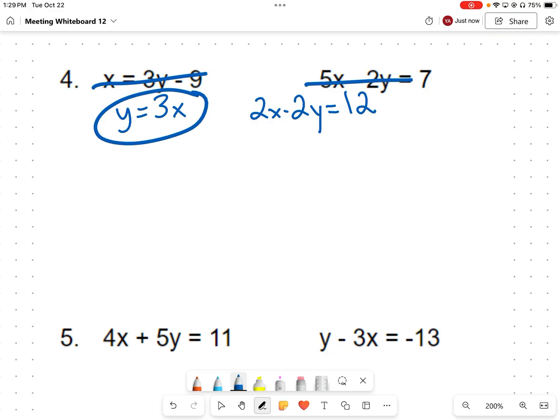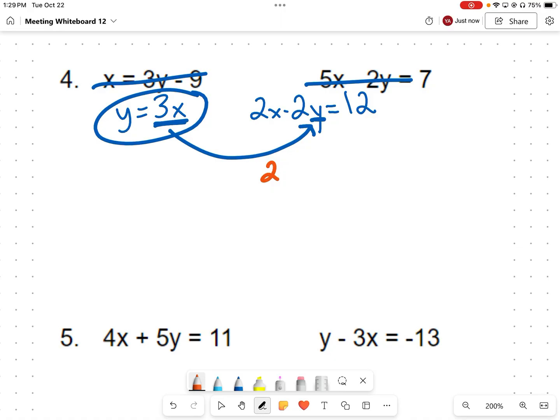So we're going to plug in this for y, because instead of it being just y, it's going to be y is 3x. The whole goal is to get that second equation to only have one variable. If it has one variable, we can find out what it equals.